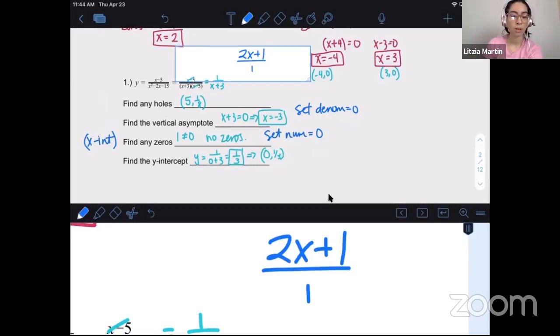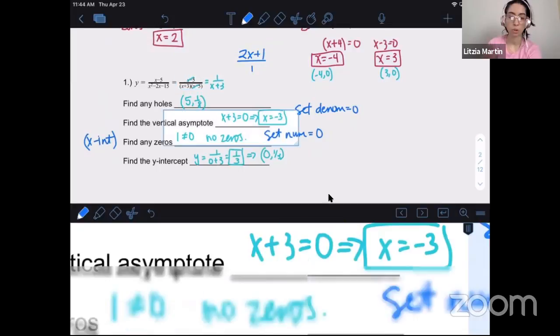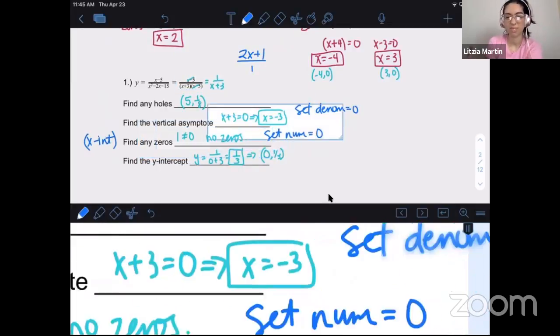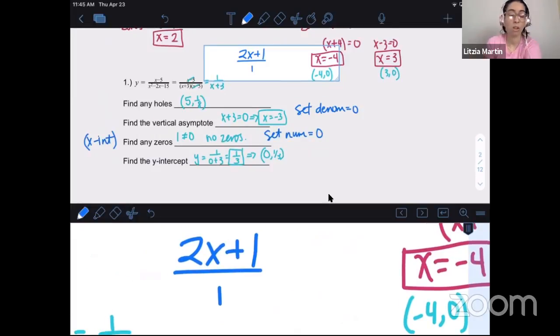When there is no zeros, you can write no solution. So for example, here I could say no solution instead of no zeros. Basically there's no way of answering it because it doesn't exist. Zero means that it crosses the x-axis, so basically this function never crosses through the x-axis.